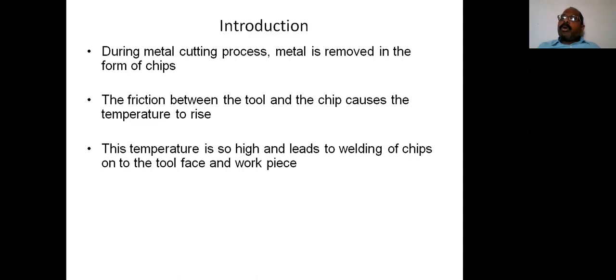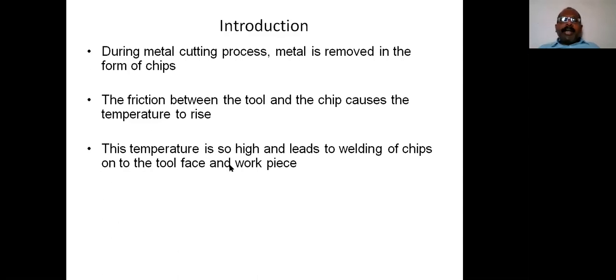If the temperature reaches that stage, even without the help of force or additional filler material, joining of the two metals takes place immediately. What does so high mean? Different metals have different temperatures.